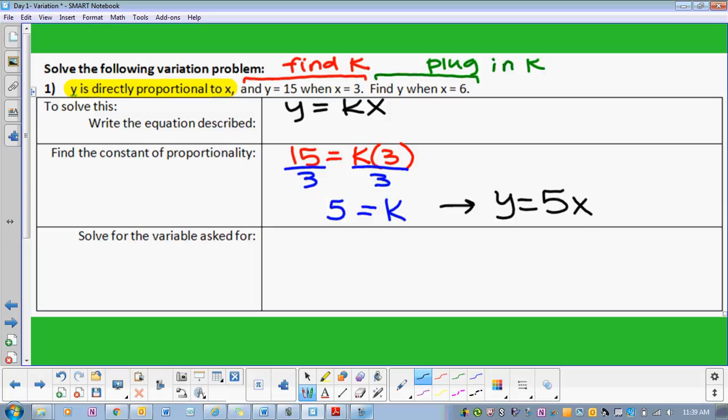So then take that and plug in x, and you have your k, so you can find y. You always need to find the k. This is annoying. So find y when x equals 6. y equals 30. So y equals 30 when x equals 6.